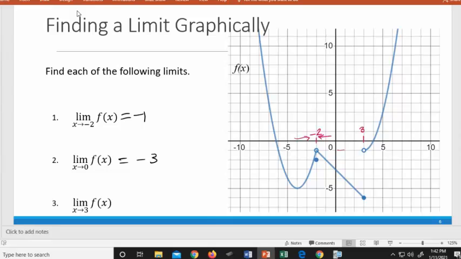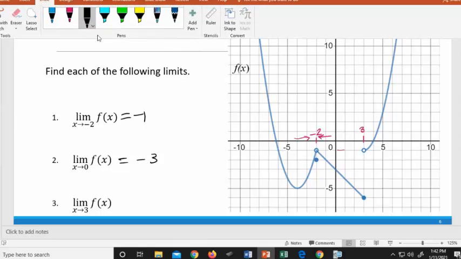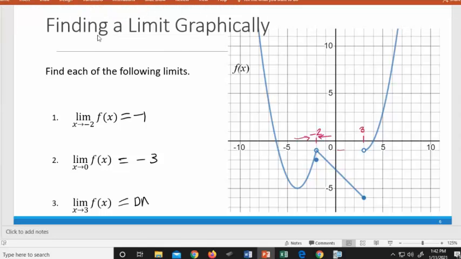The right-hand side approaches -1, and those are not equal to one another. You see this gap in the graph, right? So if you have that kind of gap, you can find the one-sided limits, but not the total. Okay, so we're going to say does not exist. Okay, any questions?